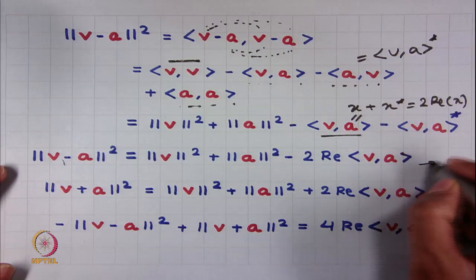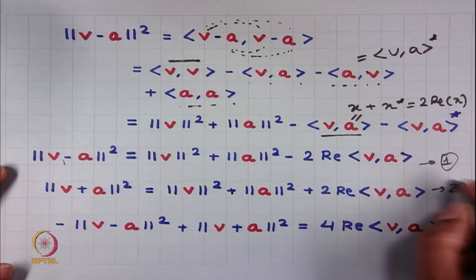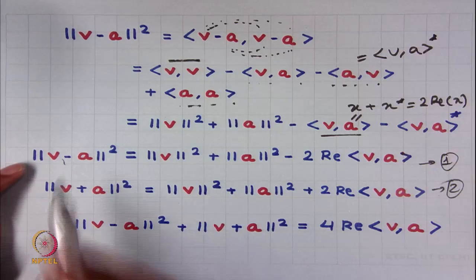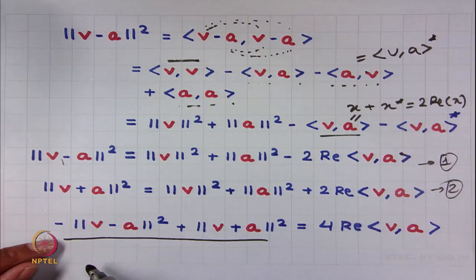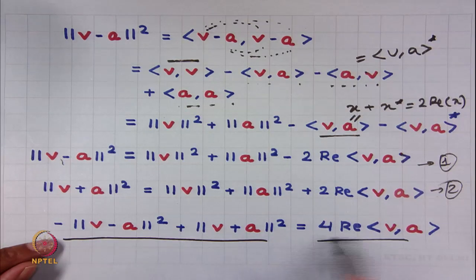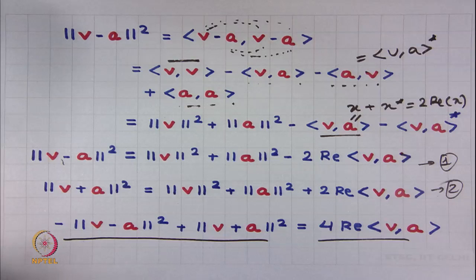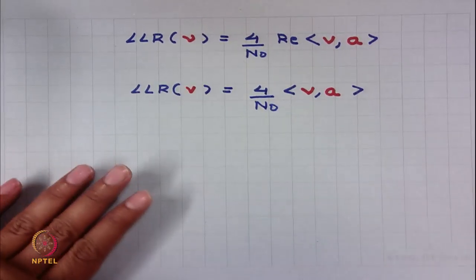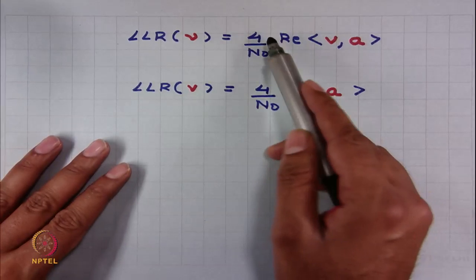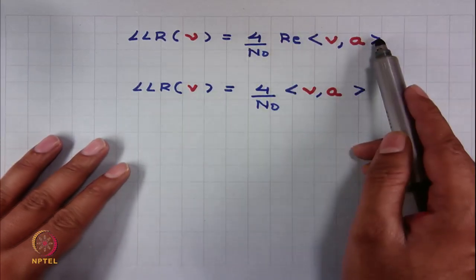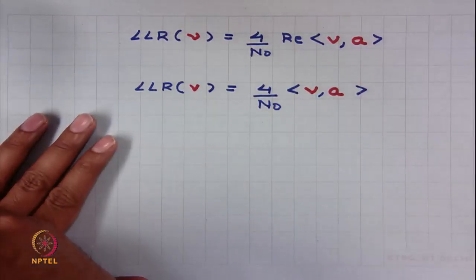So, if I know this and this, I can easily solve for this, and we get that this is simply 4 times real part of inner product of v with a. So, we have got the log likelihood ratio. Log likelihood ratio is simply 4 times real part of inner product of v with a divided by N naught.